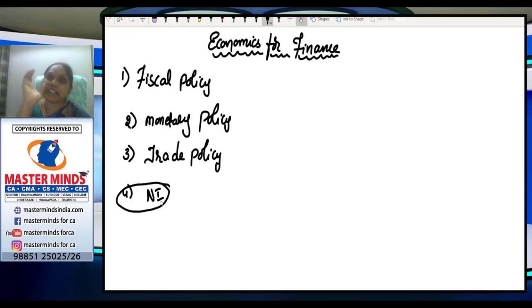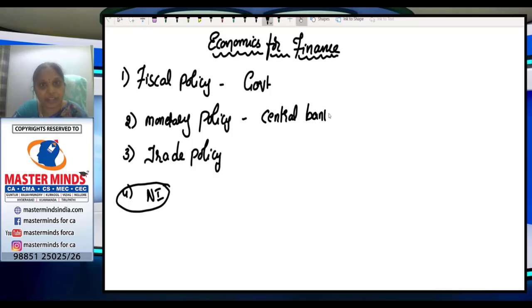The first one is fiscal policy. It will be dealt by the government. The policies which are dealt by the government through their budget, we call fiscal policy. It is mainly done by the central government and state governments. Monetary policy will be done by the central bank of a particular country.